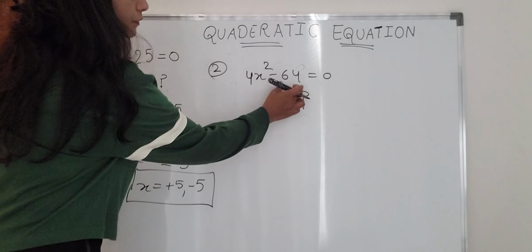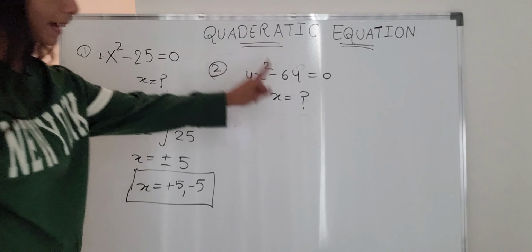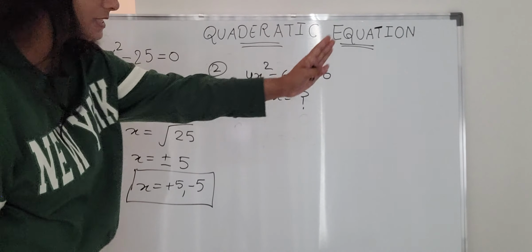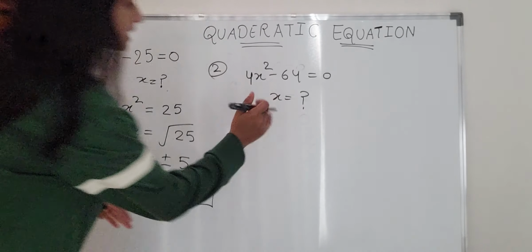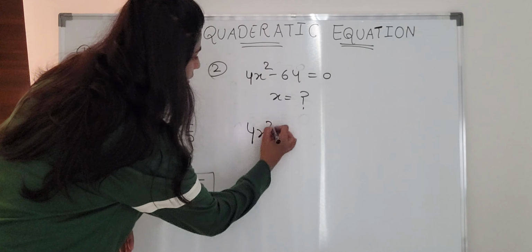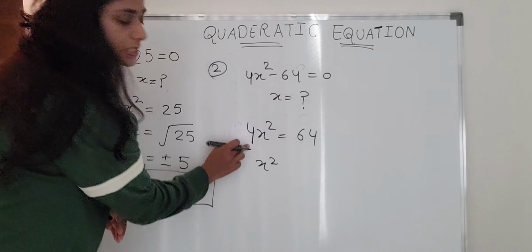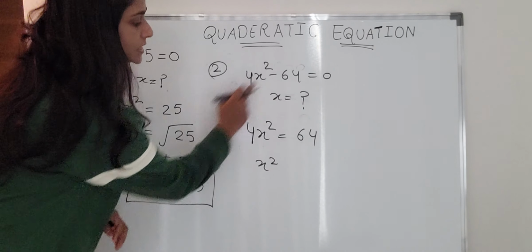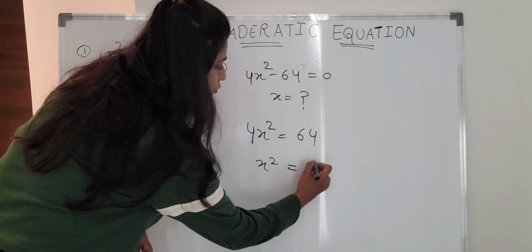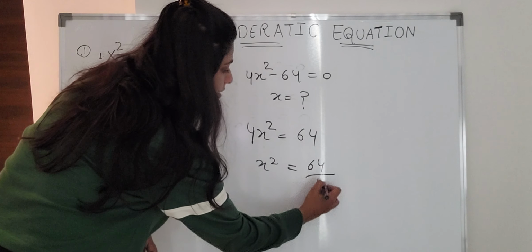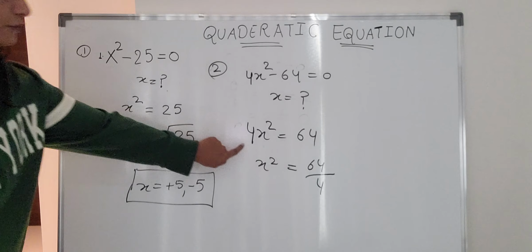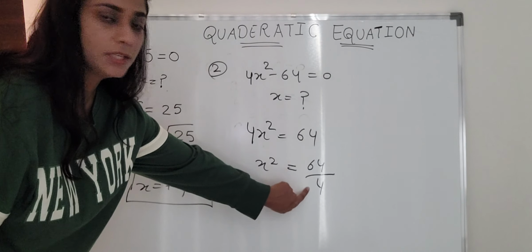Same way, we will shift this minus 64 to the right hand side. The sign will change and it will convert to positive 64. Now the coefficient of x square, we will take to the right hand side, so it will come in the denominator.